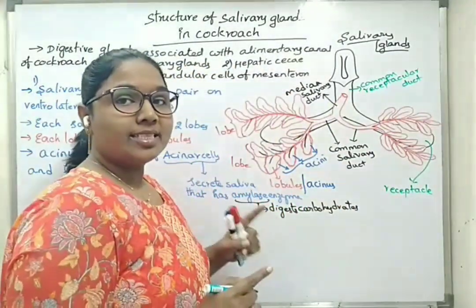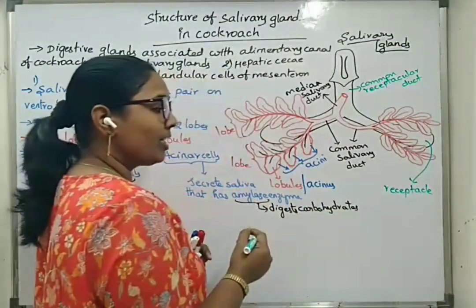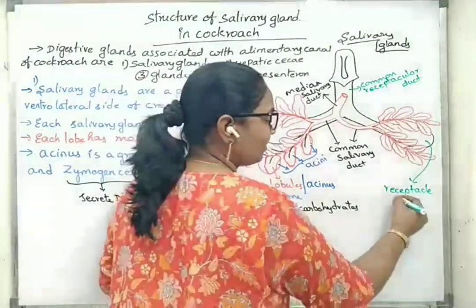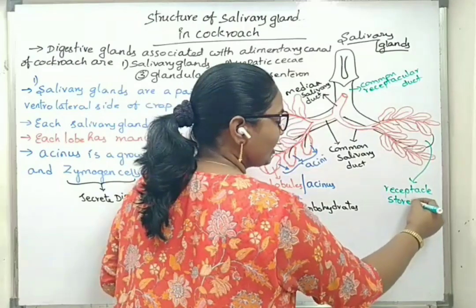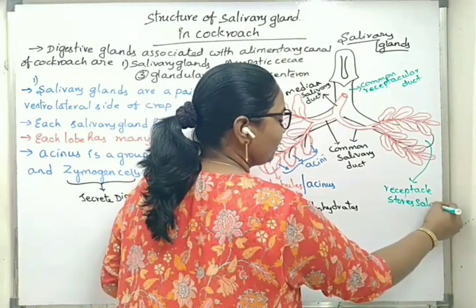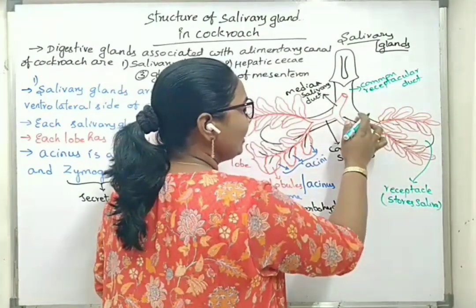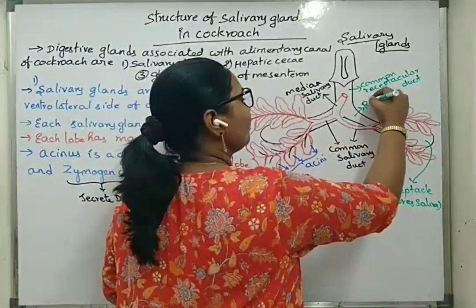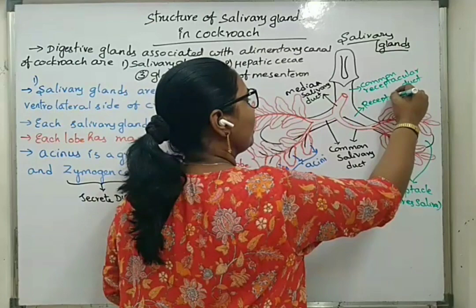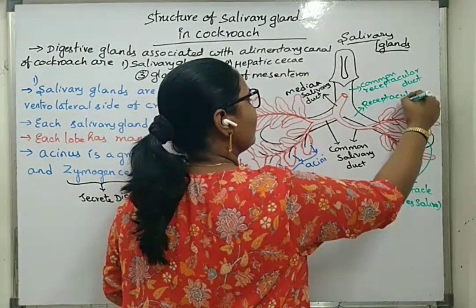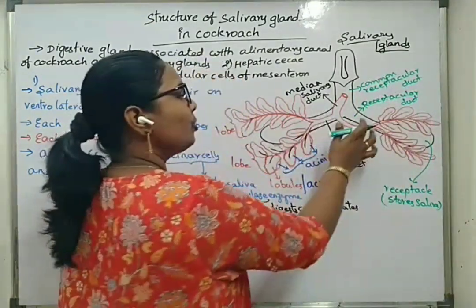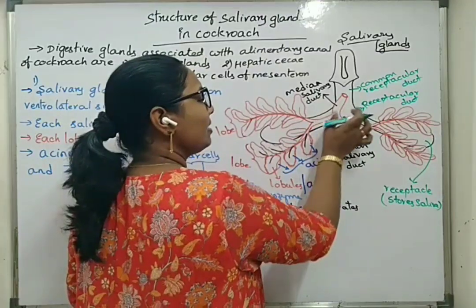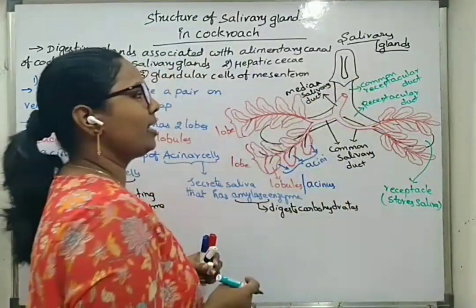Receptacle stores the saliva. It is also called as reservoir duct. Its function is stores saliva. This leads into receptacular duct. Two number of receptacular ducts. They open into common receptacular duct.